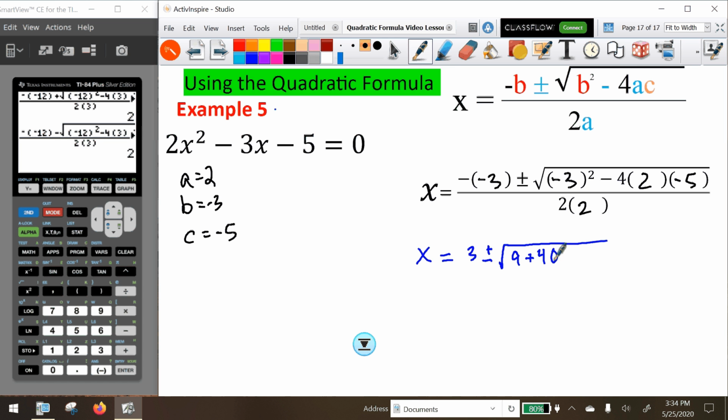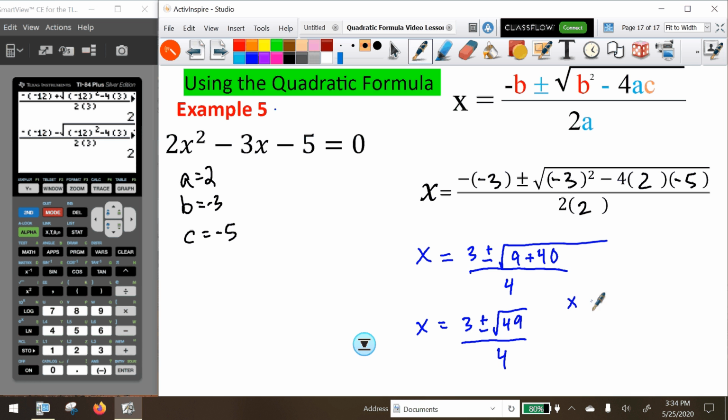So that ends up being 9 plus 40, or 9 minus negative 40, same thing. And in the denominator, you have 2 times 2, which is 4. So x is equal to 3 plus or minus the square root of 49 divided by 4.